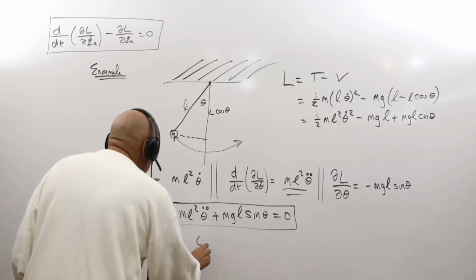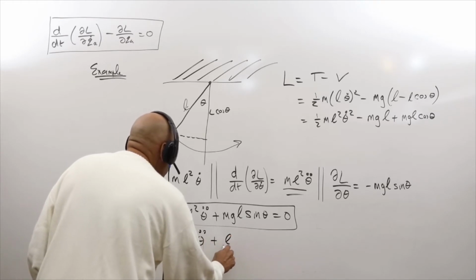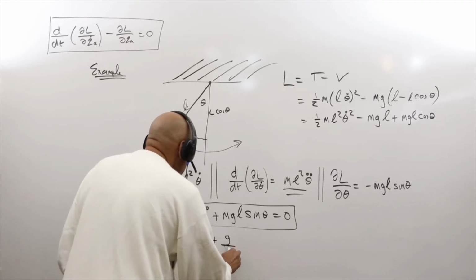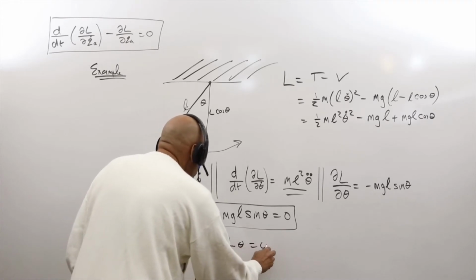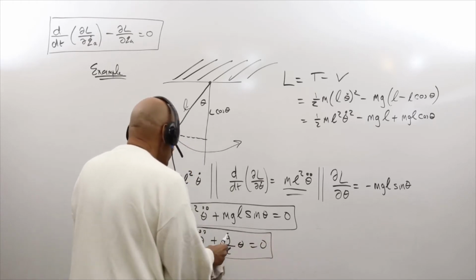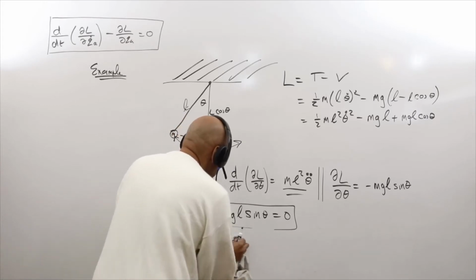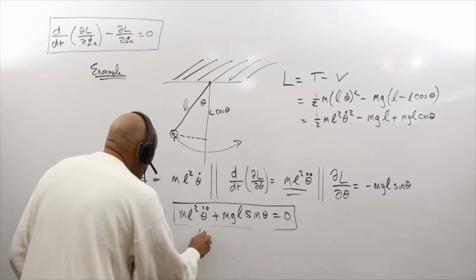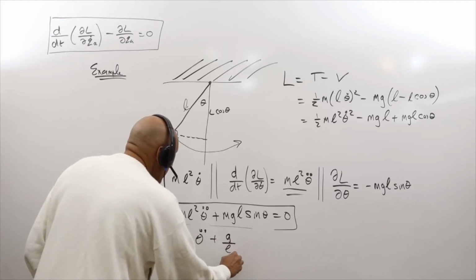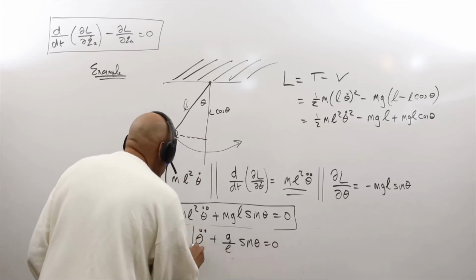We get theta double dot plus g over l sine of theta is equal to 0. And again, it looks like a periodic motion, and I made a mistake, I'm sorry. So it's theta double dot plus g over l sine of theta is equal to 0.